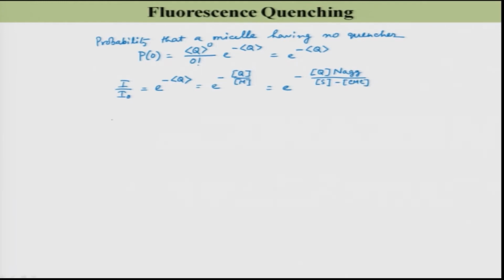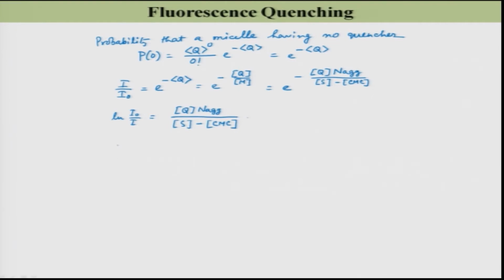So, if I take ln, ln I 0 by I is equal to q N aggregation divided by s minus CMC, right.